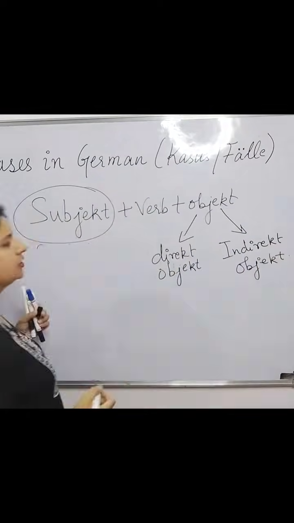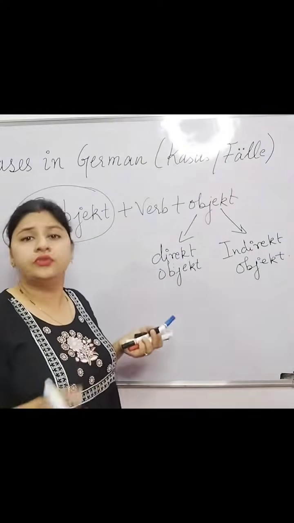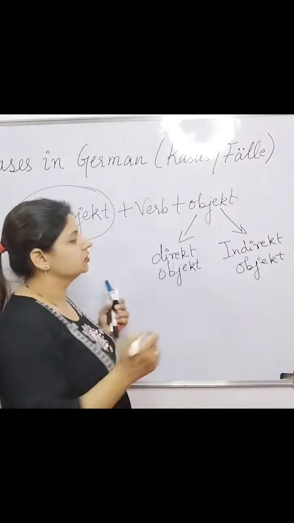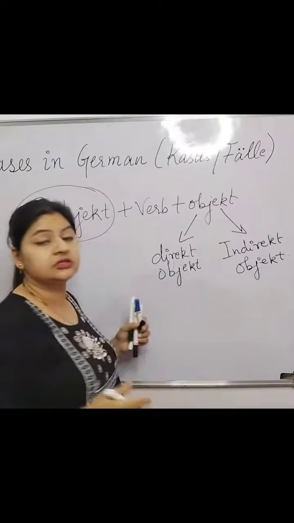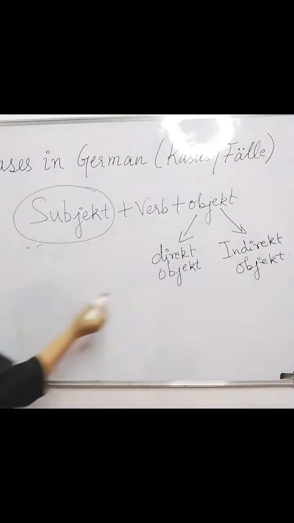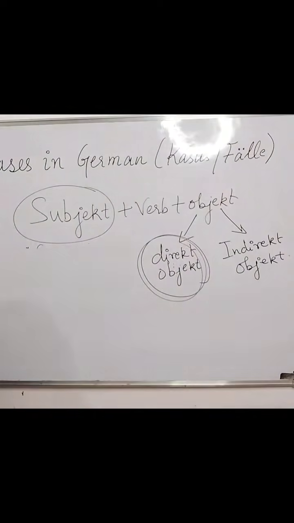Now the question is, what is the difference between direct object and indirect object? First we are taking an example of direct object.